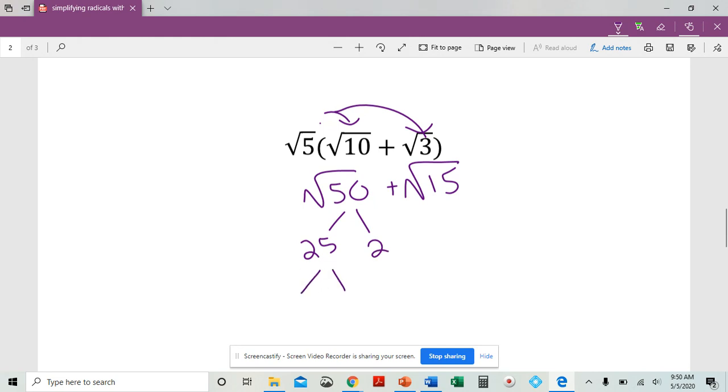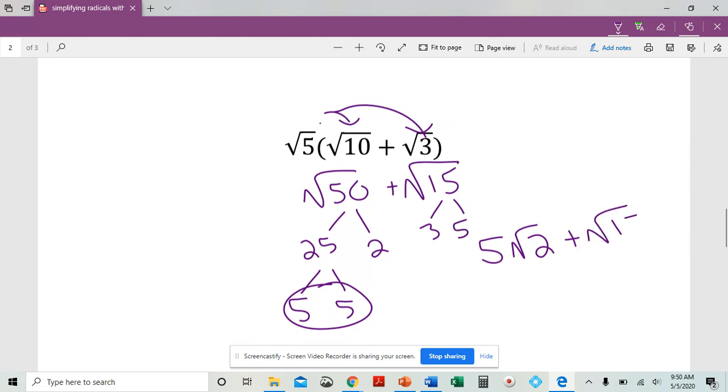And then I know my prime factorization that I have a 5 that I can take out of there. There's a pair of 5s. So my square root 50 is going to turn into 5 square root 2 plus, there's nothing I can do with 15. It gives me 3 and 5, no pairs, so plus the square root of 15. This is going to be my answer.